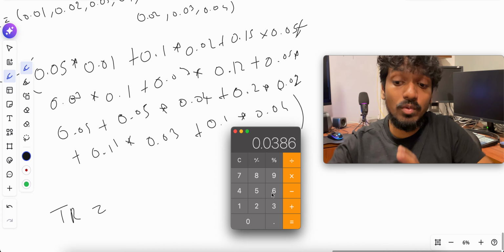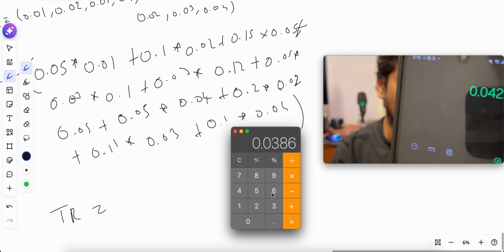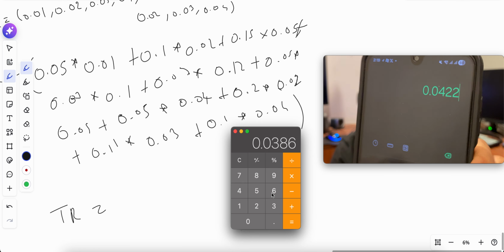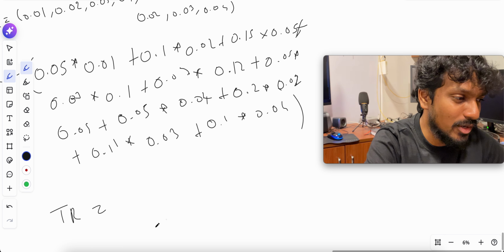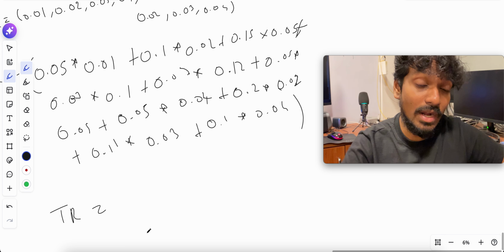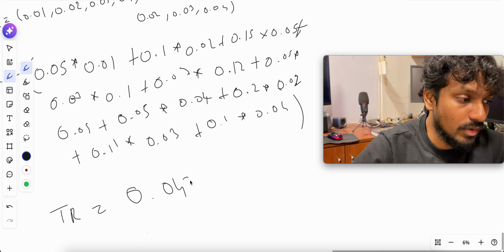Okay, we had left one thing out, because I just got 0.0422. I left one value somewhere, that's what caused the confusion. So totally we got 0.0422.